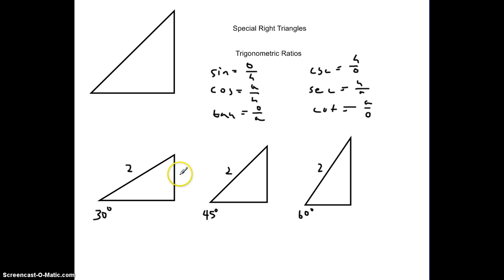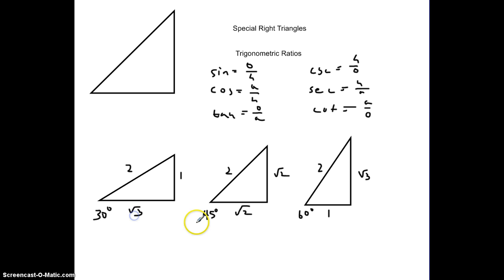So the opposite side would be square root of 1, which is 1, square root of 2, and square root of 3. And then to do the adjacent sides, we'll go from right to left, counting by square roots. So we get square root of 1 is 1, square root of 2, and square root of 3.